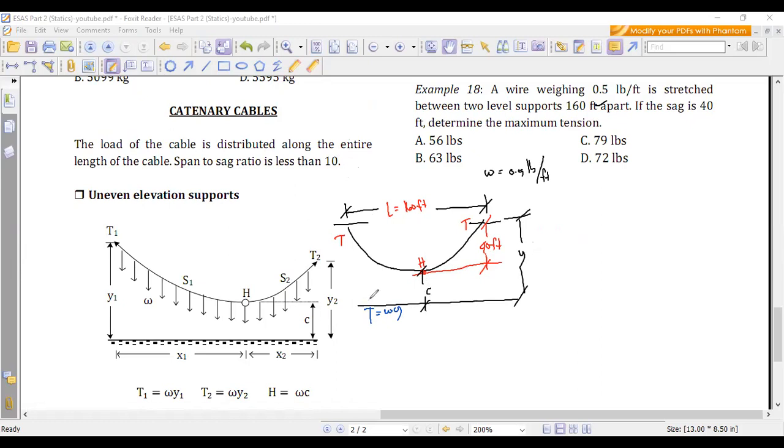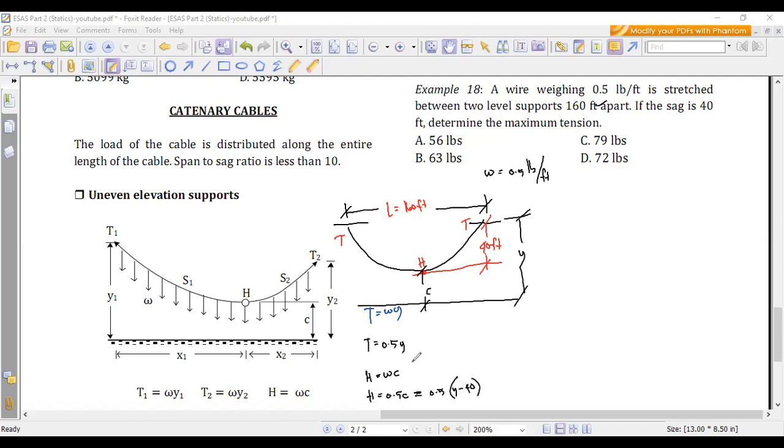So what we are going to do is write T equal to omega, which is 0.5, times Y. And H is omega C, so H is equal to 0.5 multiplied by C. The sag is 40 as given, so C can be written as Y minus 40.